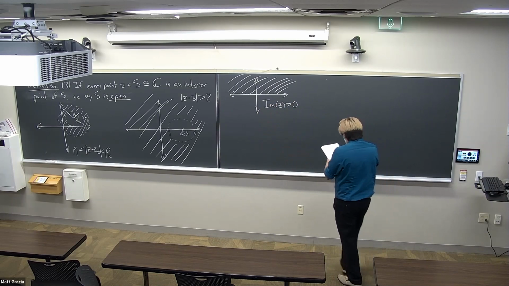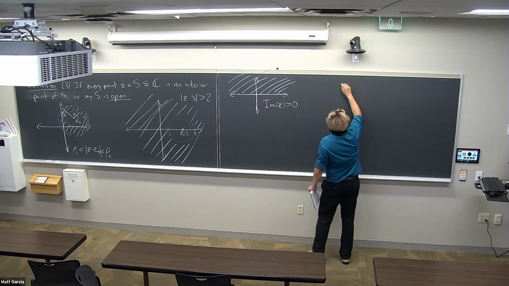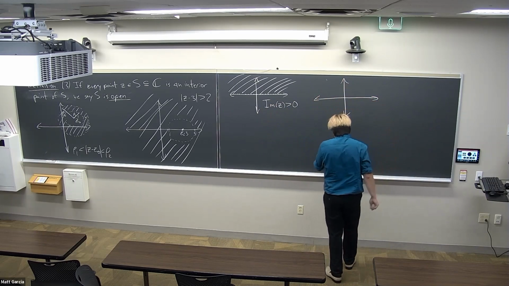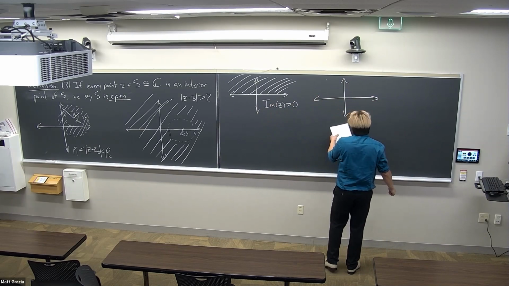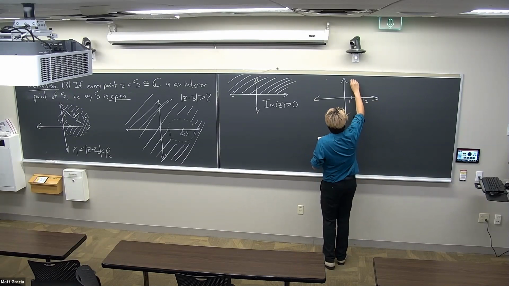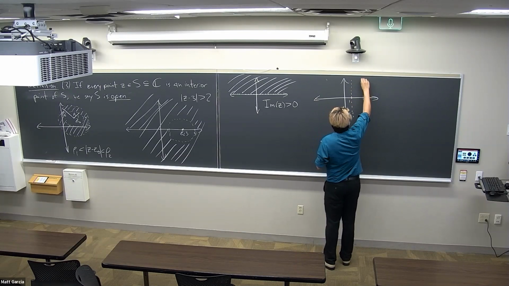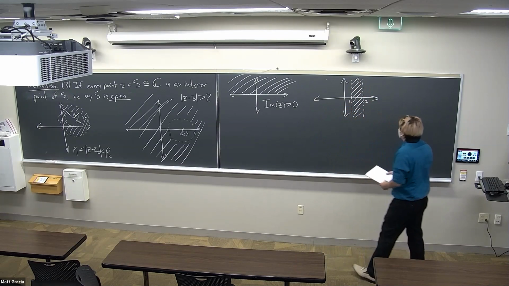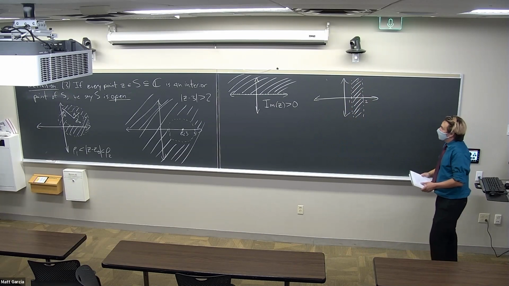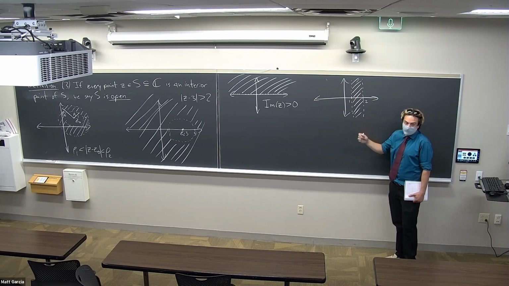Okay. Now just one more. What if, let's say here's 1, here's 2. If I have this vertical strip, it is an open set, again, we're just not containing the edge points.